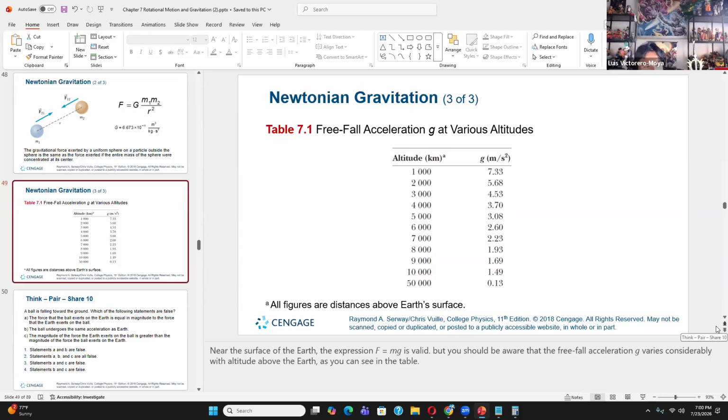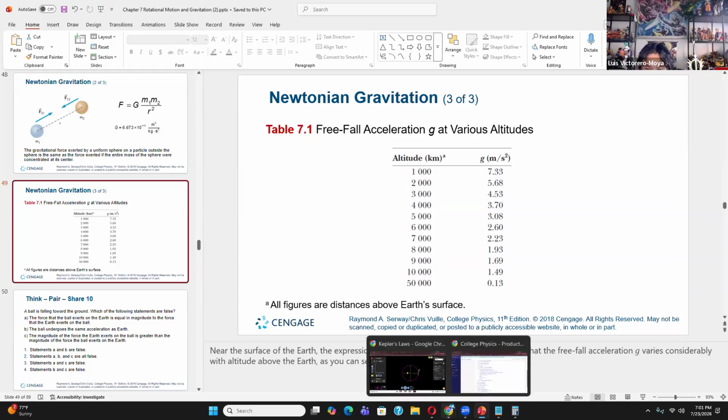So the closer we are towards the center, the higher the value of gravity. The more we are away from the ground, the lower the value of gravity. And I can actually explain that with the equation. Why is that?